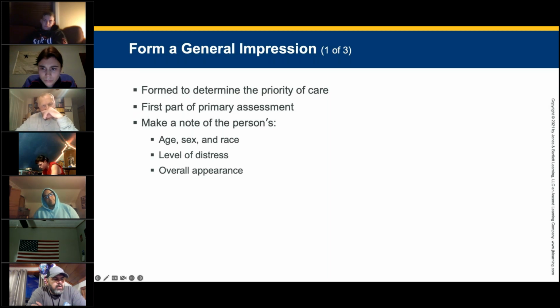Men and women have different presentations for cardiac symptoms. Their race: are there certain disease processes that might affect a race differently? There absolutely are. Their level of distress, that's something you can determine right away. Like I said, you can tell if they're in distress. Their overall appearance: a lot of times, just by looking at someone, you can tell if they're truly sick.